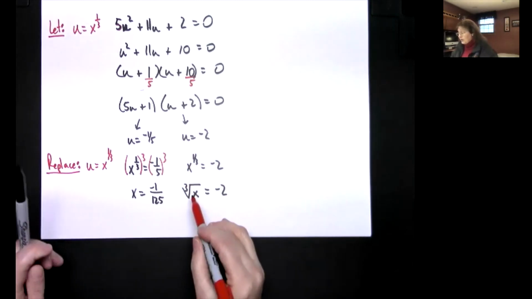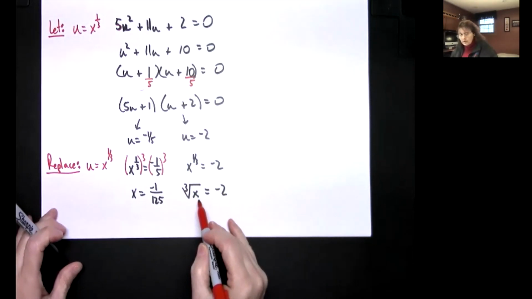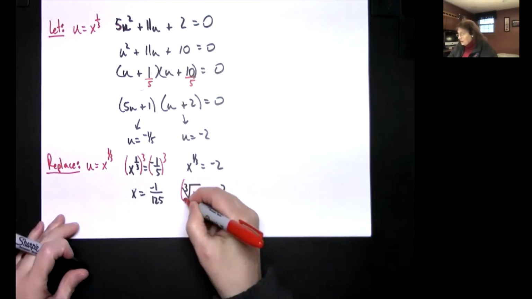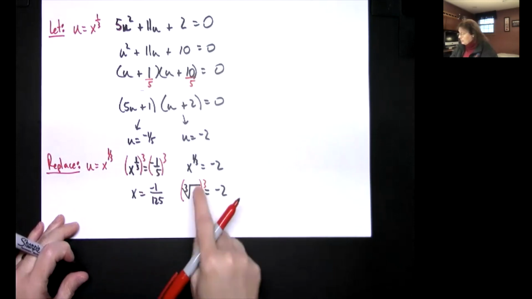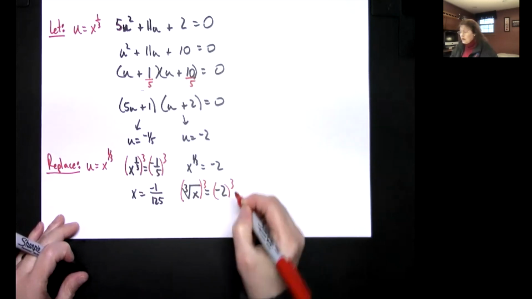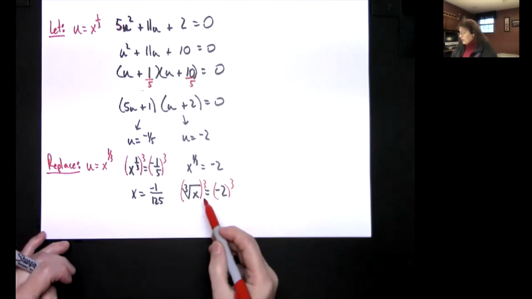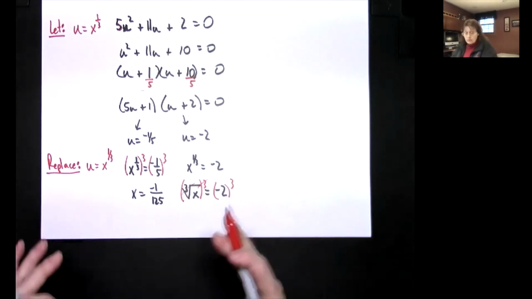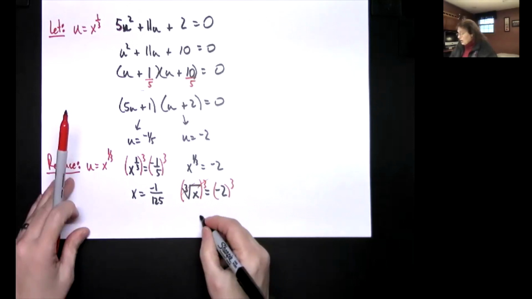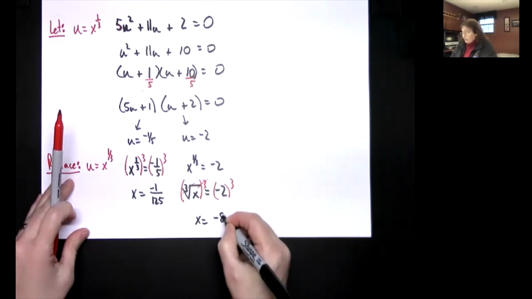Now, the inverse operation of cube rooting something would be cubing it. You can clearly see I'm doing the exact same thing to both sides, but it's how you think about it and how you get to it. Of course, cube root and cube are inverse operations, so that all goes away. And then this is a negative 8.